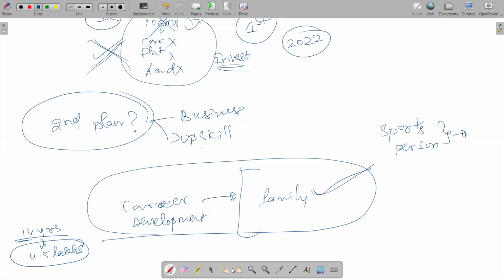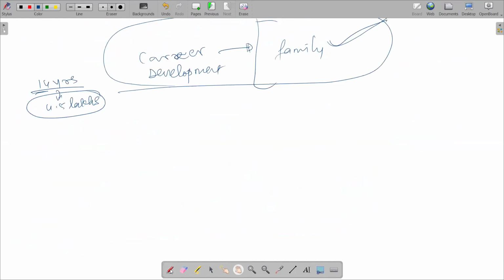Same skills, same salary. If you have the same skills for 10 years, trust me, you will get the same salary, maybe a 2 to 5% change.